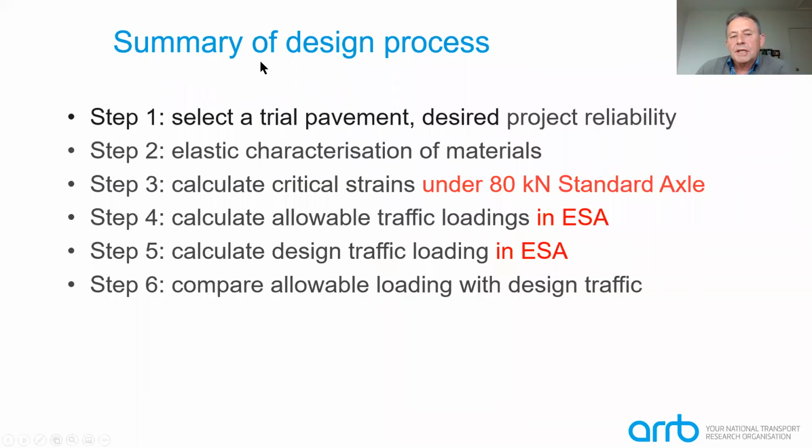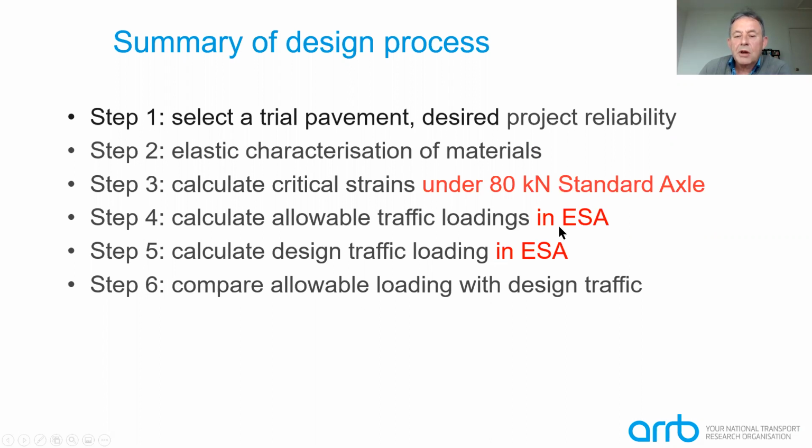In this case, the design steps vary from what we discussed earlier. When we get to step 3 and look at the critical strains, it is only under one axle, which is an 80 kilonewton standard axle, which is a single axle with dual tyres loaded to 80 kilonewtons. So that's our definition of a standard axle.